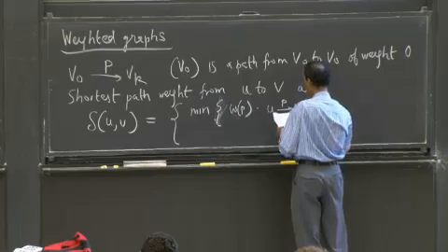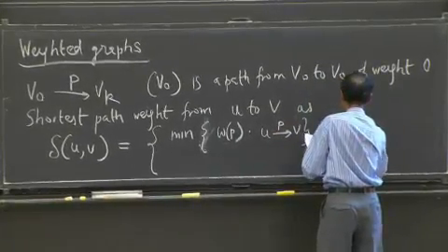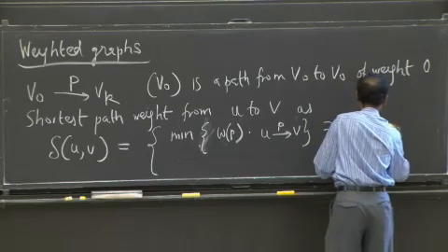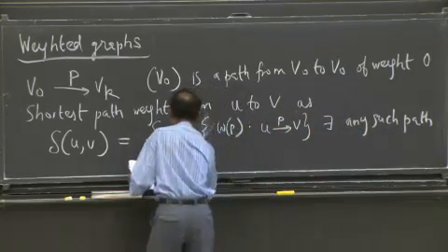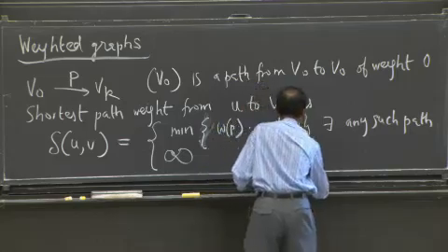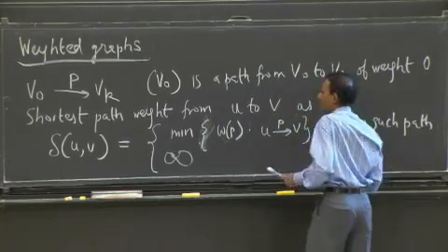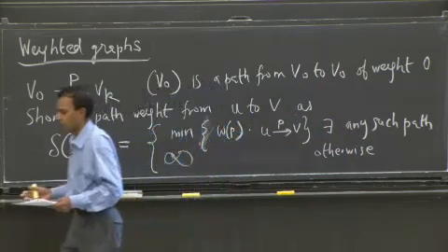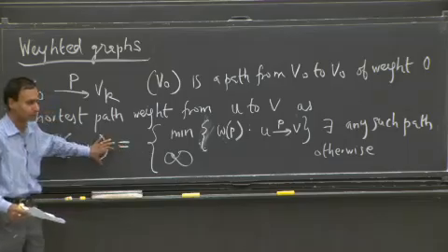And this is the case if there exists any such path. And the last thing is you want the weight to be infinity otherwise. So if you're only talking about roads, going from here to Tokyo should have length infinity. A little matter of the Pacific Ocean in between.